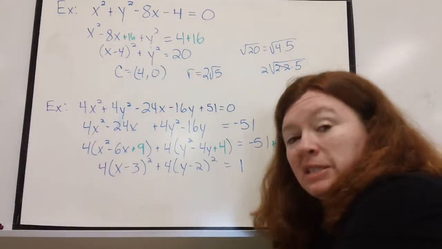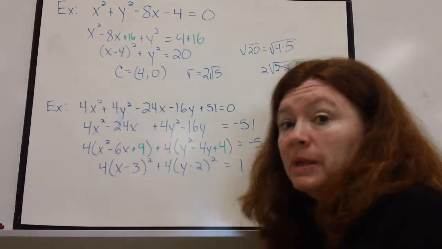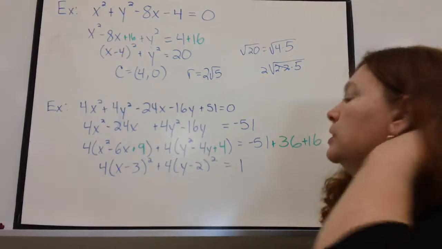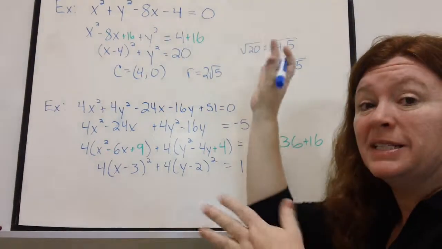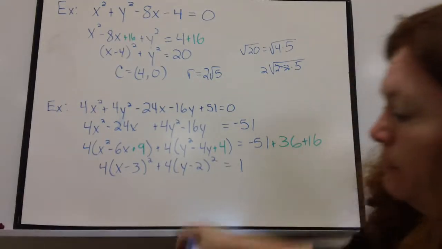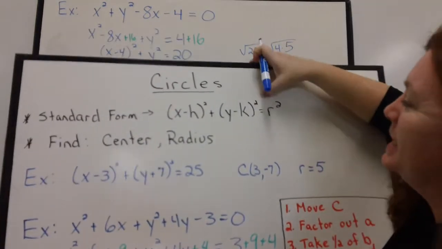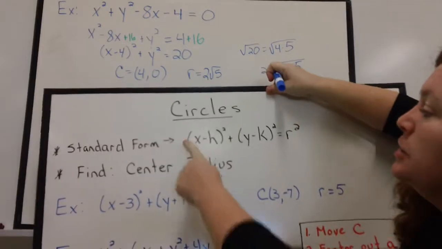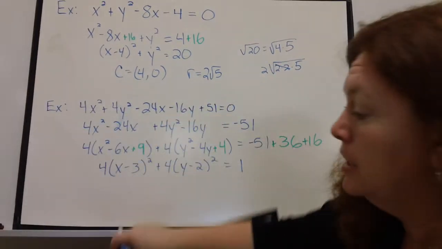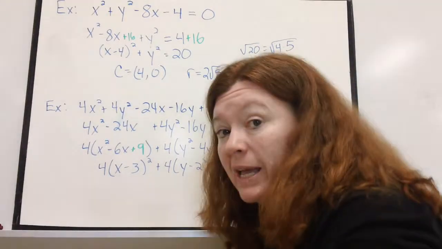Although it's not in the steps for completing the square, because I've done my completing the square, to write it in the correct standard form, I'm looking up here thinking I still have standard form, but that's on the top of this one. To put it in standard form, notice that there is no number in front of the parentheses. So I am not done yet. I cannot decide my center and radius.